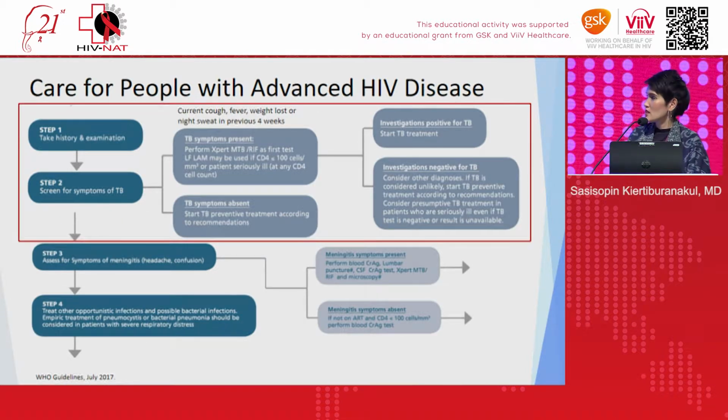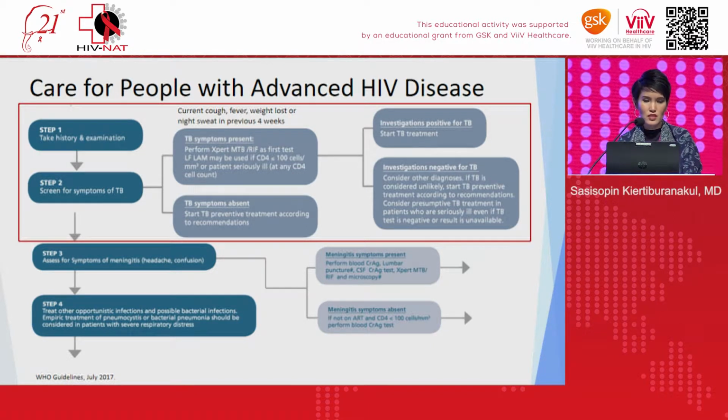This is the WHO guideline on caring for people with advanced HIV disease. When the patient visits the clinic, you have to take a history, do the examination, and also screen for symptoms of tuberculosis, which you have heard many times today.